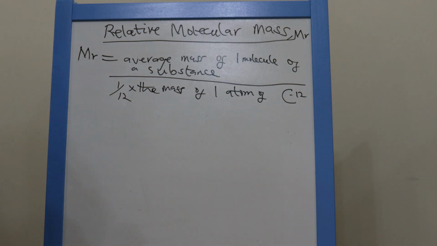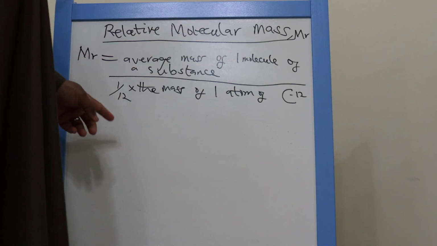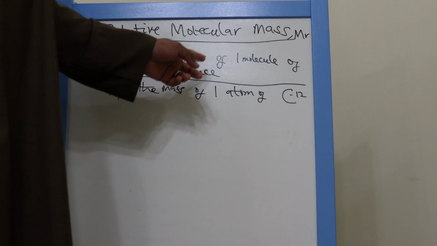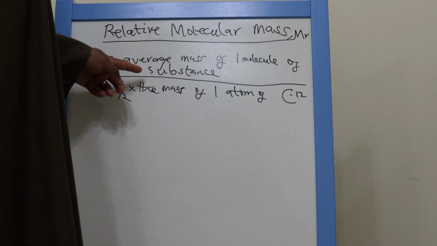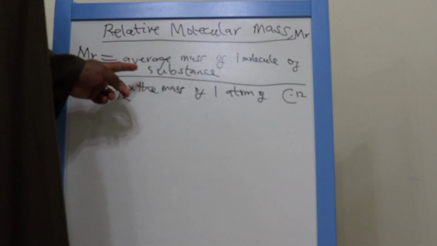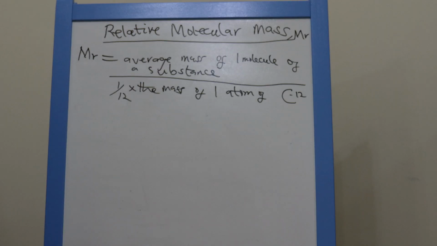So you can see that it is almost the same with a slight difference on top here. The relative atomic mass is the average mass of one atom of an element, and this one is the average mass of one molecule of a substance or compound over 1/12 the mass of one atom of carbon 12. So this is the definition for relative molecular mass.